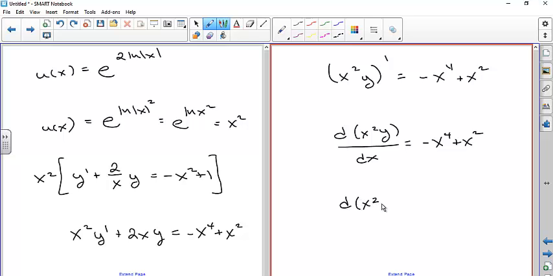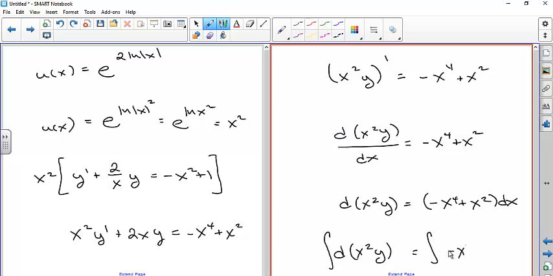The differential of x squared y is equal to negative x to the 4th plus x squared, all times dx. And now I can integrate. So the integral of the differential, and here we have the integral of negative x to the 4th plus x squared, this whole thing times dx.